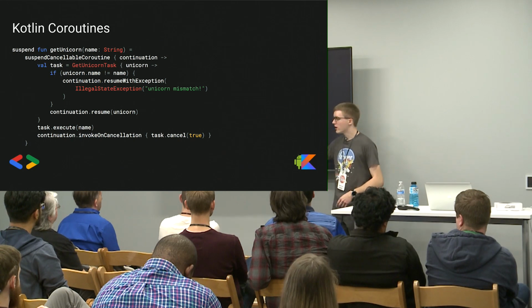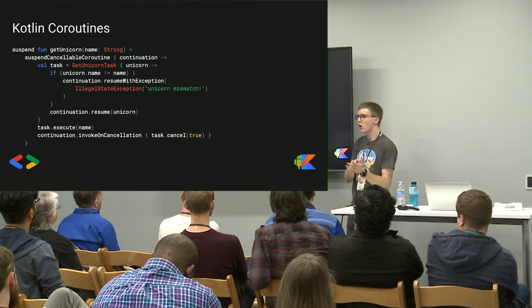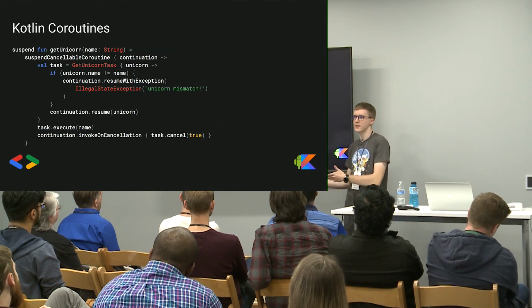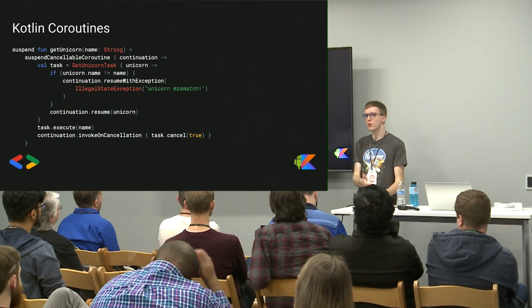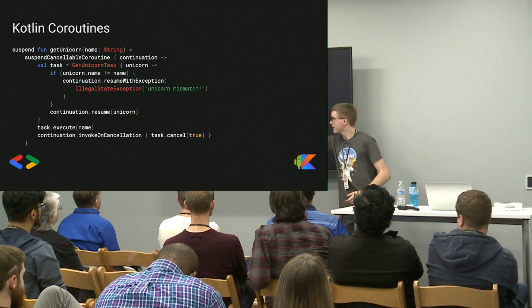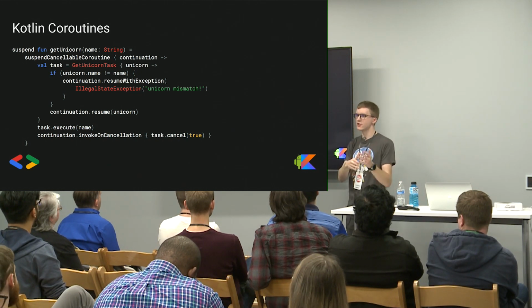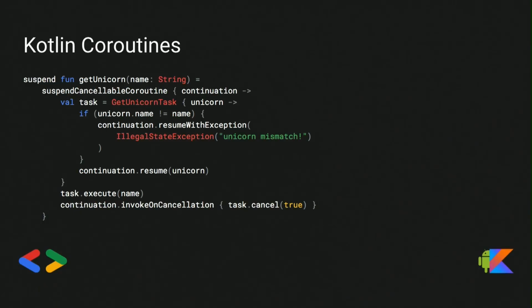And then invoke on cancellation, similar thing. If the coroutine that calls the async task, for example, if your coroutine is tied to a lifecycle like your activity or fragment, and your activity or fragment gets destroyed, then invoke on cancellation will happen, the async task will get canceled, and a cancellation exception will be thrown back to the call site.